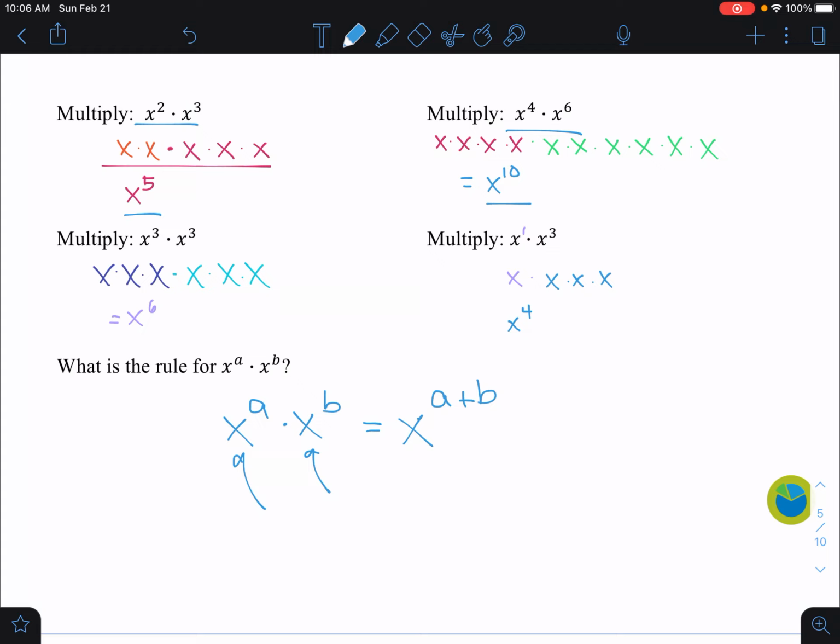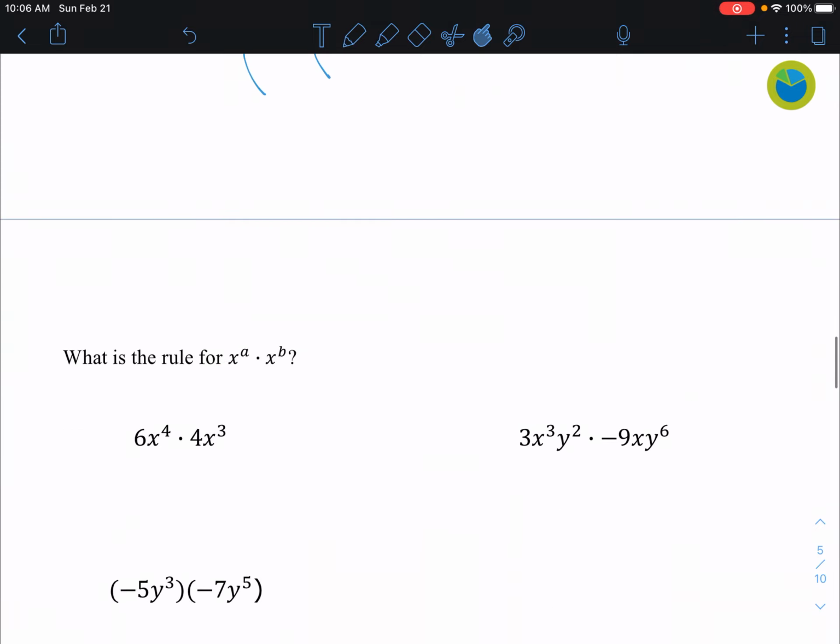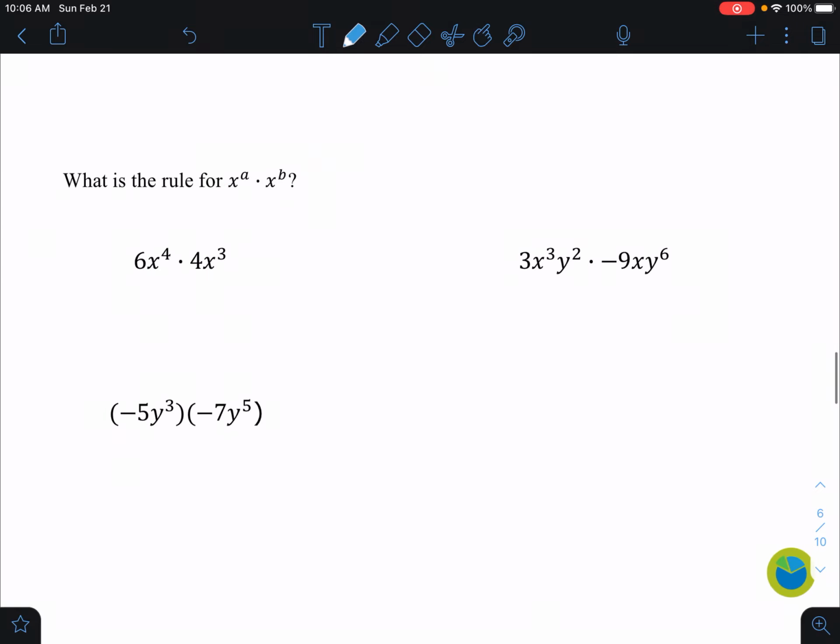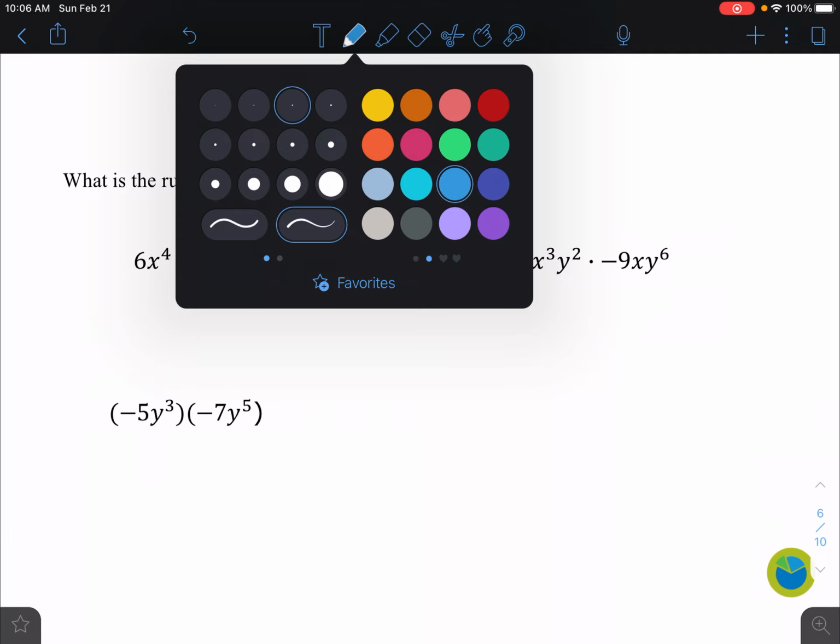X to the 4th times x to the 6th, I could go 4 plus 6 and just shortcut, instead of writing it in this expanded notation, which every time, if we have larger exponents, is going to take a while. So this is a quicker way of getting our answer, okay? So we're going to try to use that. So again, kind of keeping in mind our rule.